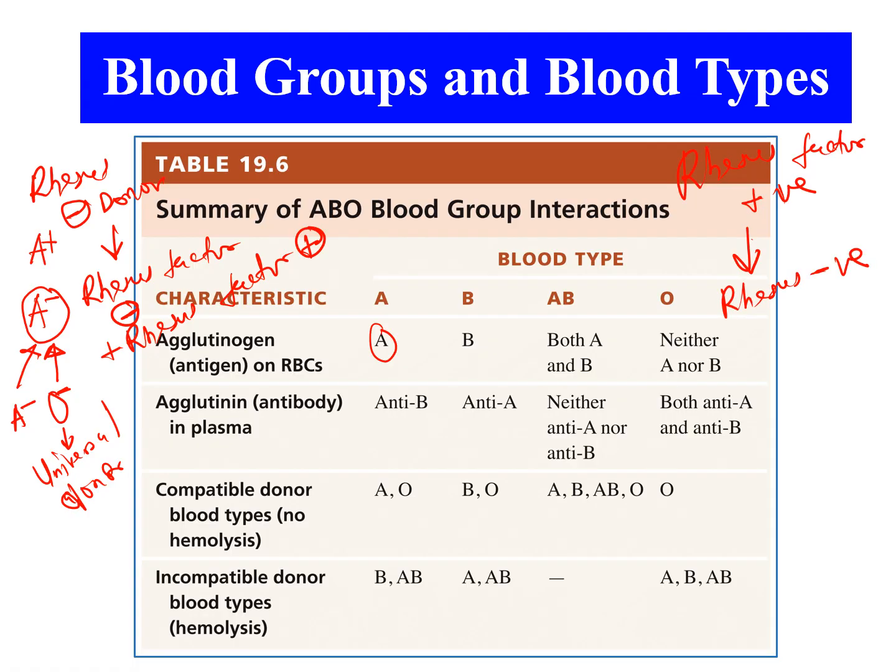They can only give blood to a rhesus positive recipient. That's why you have not seen me adding A positive giving to A negative, because an A positive should just give to an A positive, but an A negative can give to an A positive, then an O positive can also give here, and an O negative can give to this one there. So you have to understand those principles.